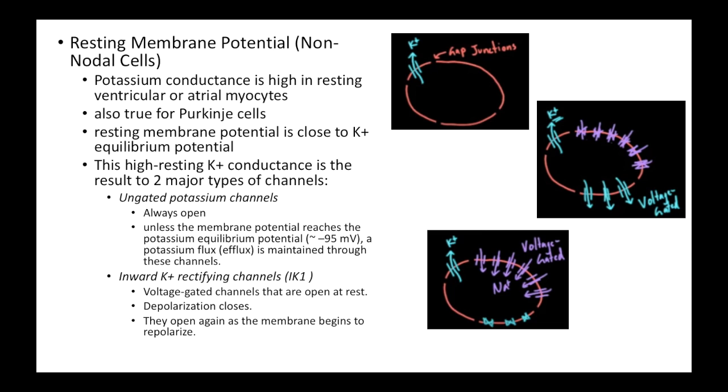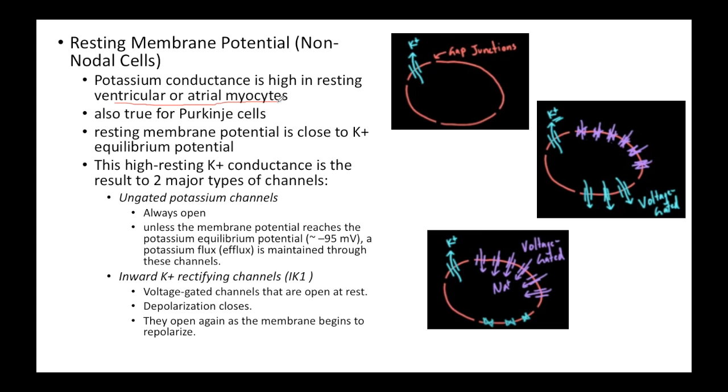We're going to start talking about the resting membrane potential in non-nodal cells. What are non-nodal cells? When I talk about non-nodal cells, I am referring to our ventricular or atrial myocytes.